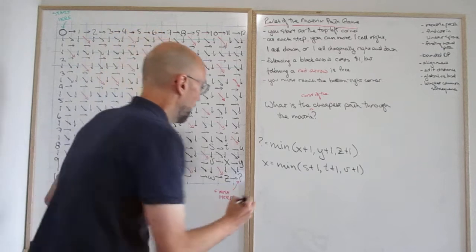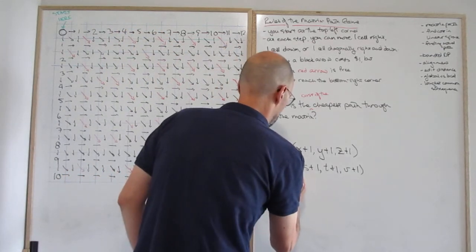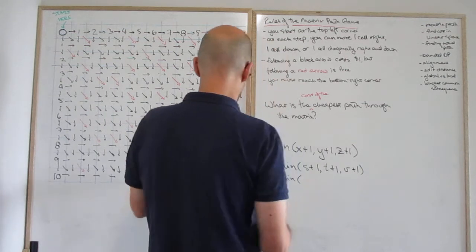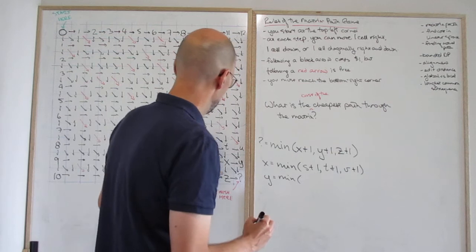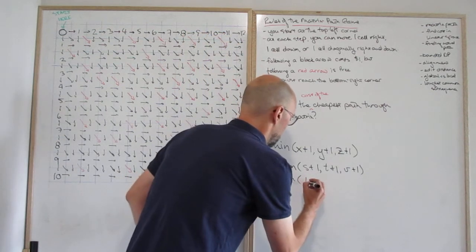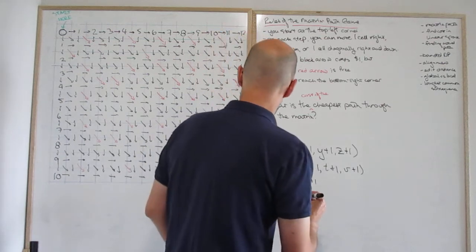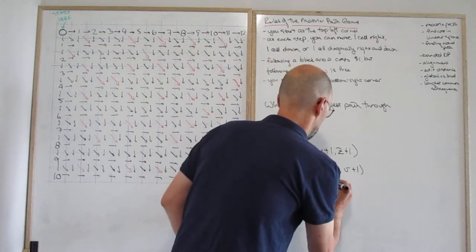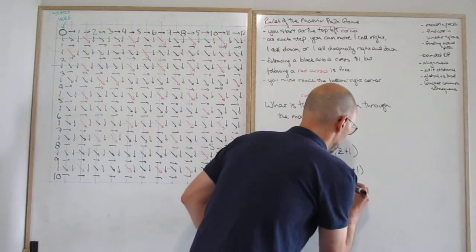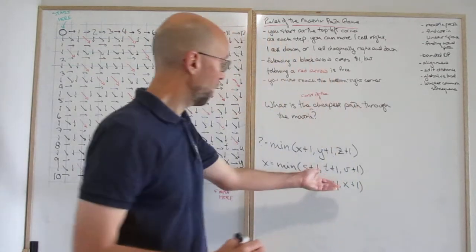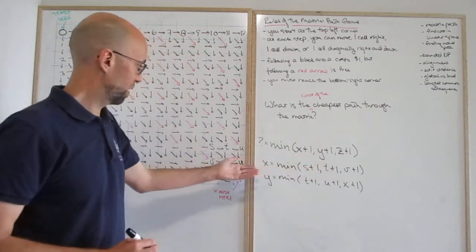Okay, and Y is min of T plus 1 and U plus 1 and x plus 1. Now, Ryan doesn't know x, but he can work it out from STUV.